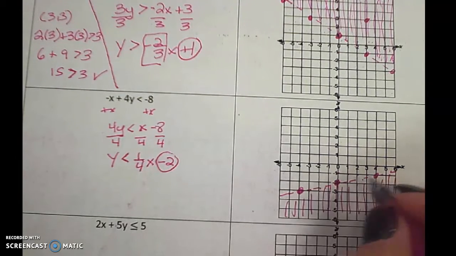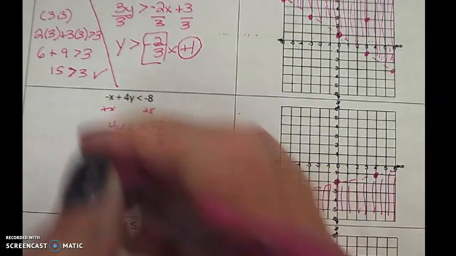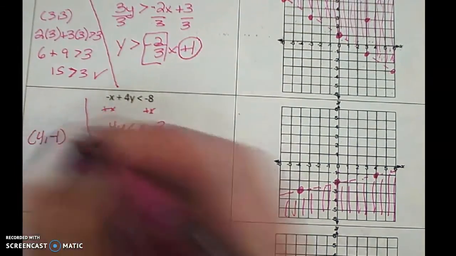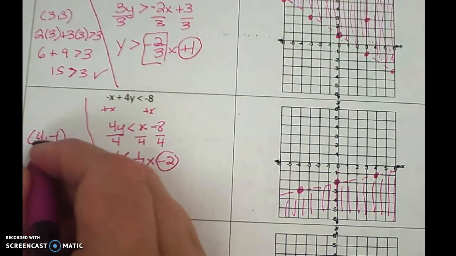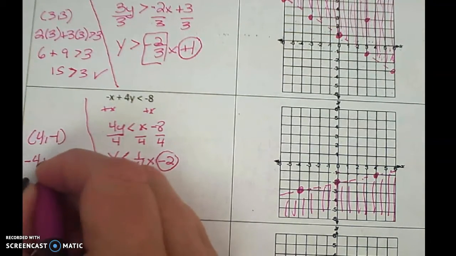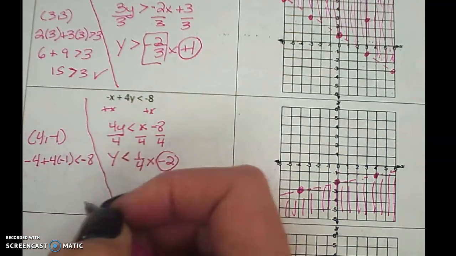So let's look at this point right here. And it's not going to be a solution. Watch. 4, negative 1. 4, negative 1 will not be a solution. If I plug in a 4 for the x, so I have negative 4 plus 4 times negative 1 is going to be less than negative 8.